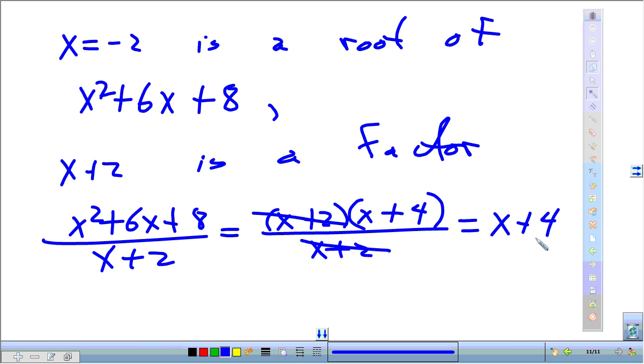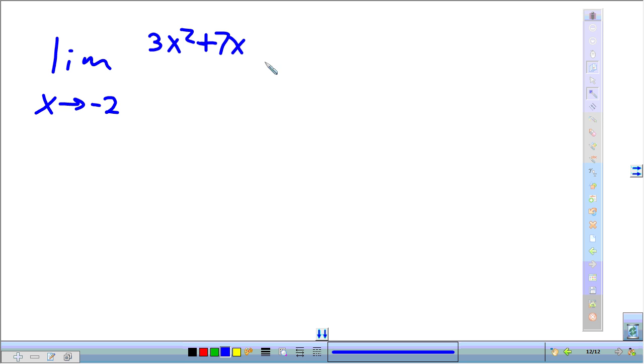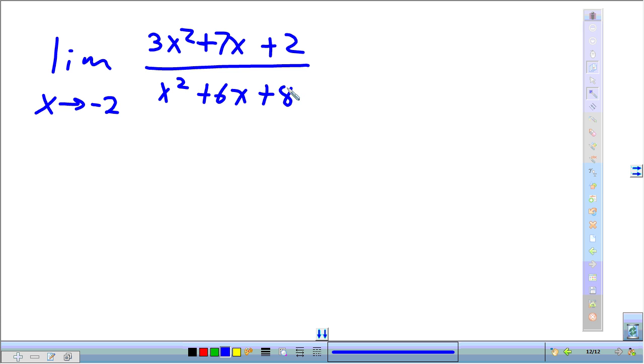So there are different ways we might get there. But we know what the factor is, so I can either do division in a more long division way, or I know what to factor out. So I factored out the same thing from numerator and denominator. I started with the expression, the limit as x approaches minus 2 of 3x squared plus 7x plus 2, divided by x squared plus 6x plus 8.